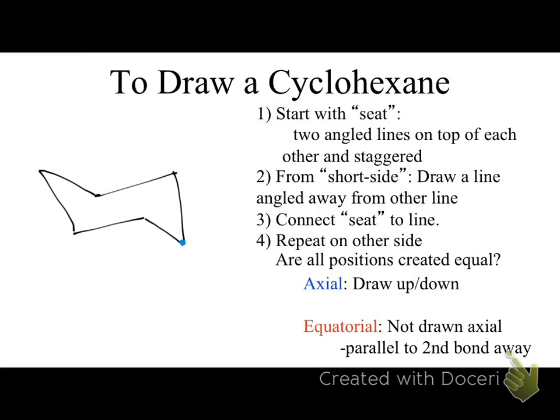Where should we draw it on our line angle drawing? It should be drawn down. Where's our axial position for that next carbon? Up or down? It's going to be drawn up. How about this one? We're continuing around the ring.